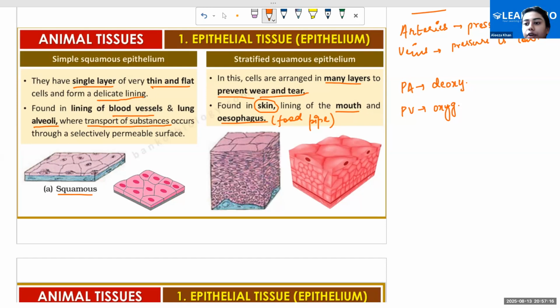Is it done for you all? Yes, ma'am. I'm writing about the blood vessels. Okay, others also, have you written? One minute, ma'am, I'm writing. Okay, please let me know once you finish writing.